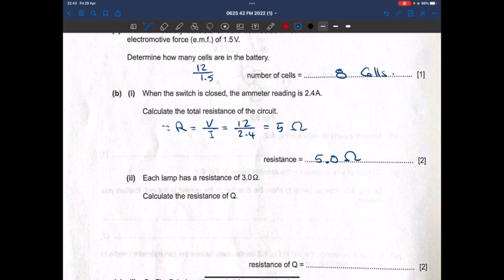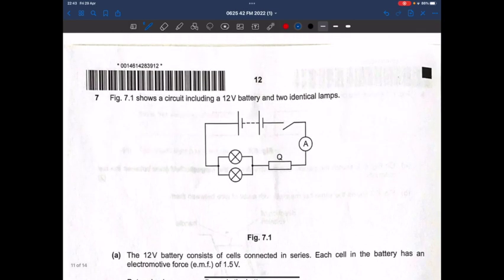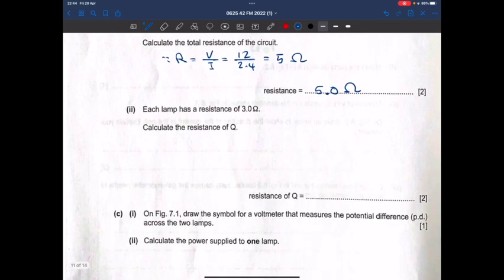In this part, each lamp, as you see here, is 3 ohms, and they are in parallel. So the resistance of the parallel group could be 3 times 3 divided by 3 plus 3. So it gives you 1.5, right? If the total resistance is 5 and the parallel group is 1.5, then Q could be 5 minus 1.5. Let's see that in steps.